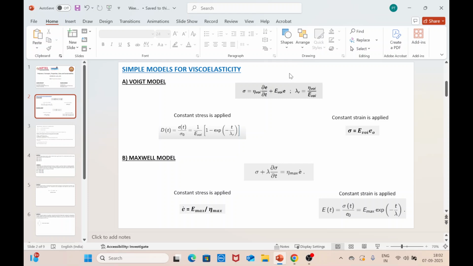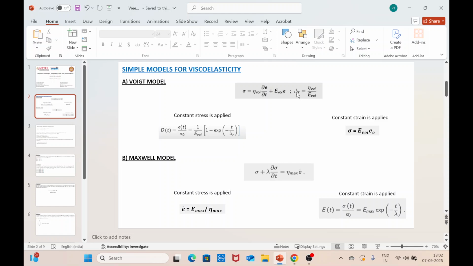Here we have to take both the viscous as well as the elastic effects into contribution. That is the reason the stress is expressed as a function of both strain as well as strain rate. If, in considering this equation, you state that the strain is constant and not varying as a function of time, then stress is equal to modulus times strain.